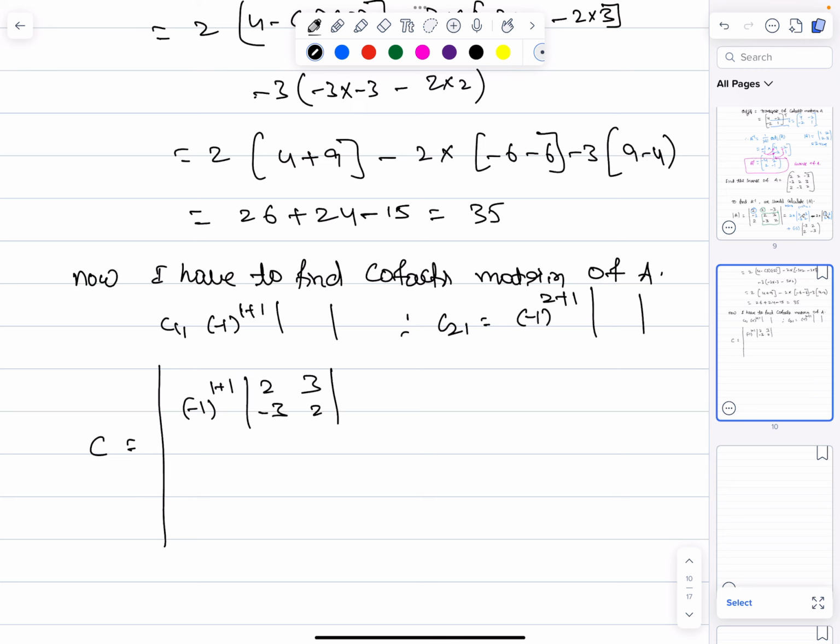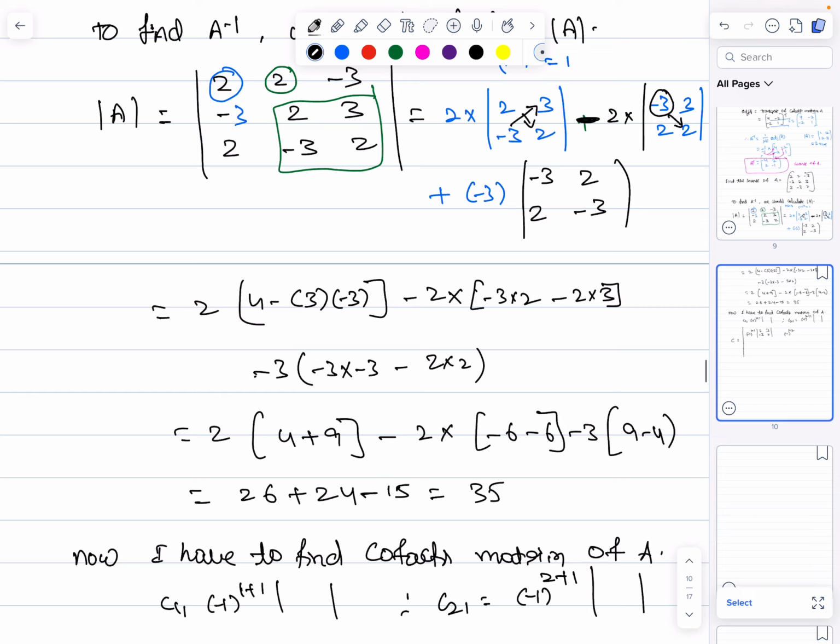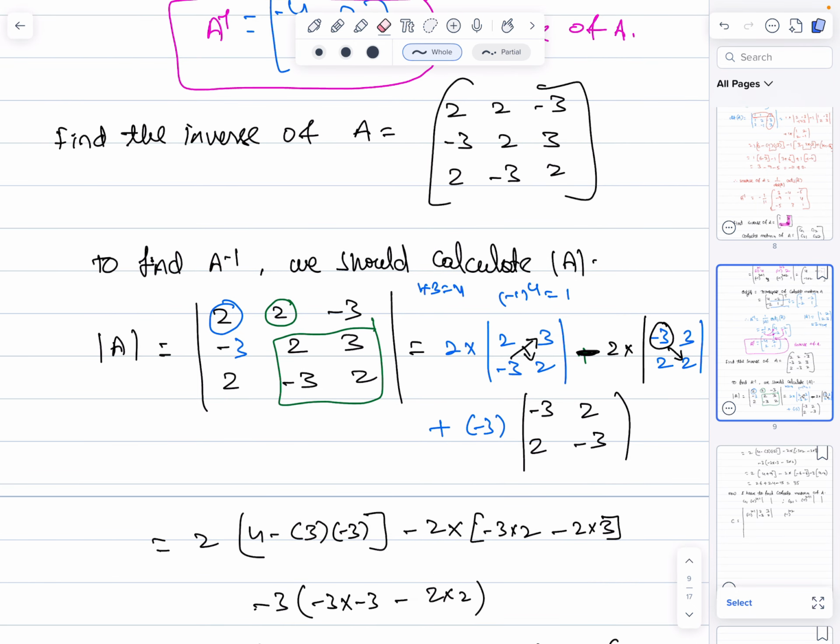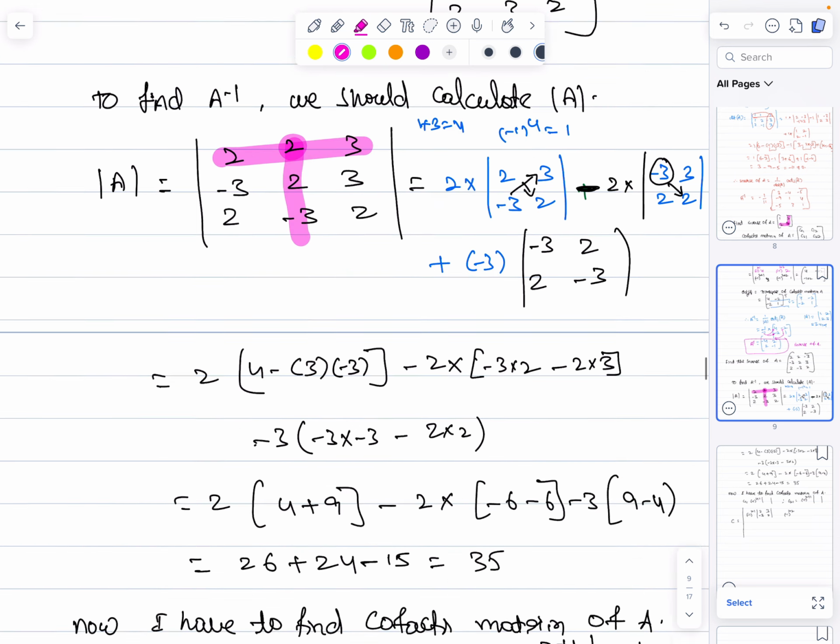Similarly, if you move to the second position, that is minus 1 whole power first row second column by ignoring this position, and therefore corresponding you have minus 3, 3, 2, 2, minus 3, 2.